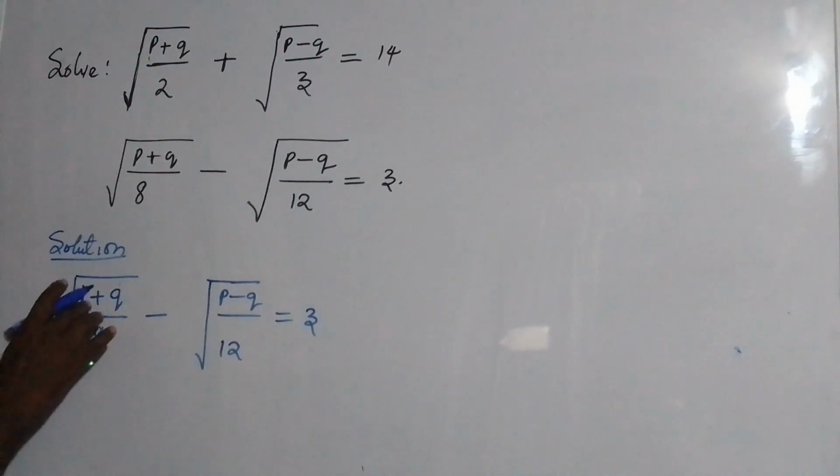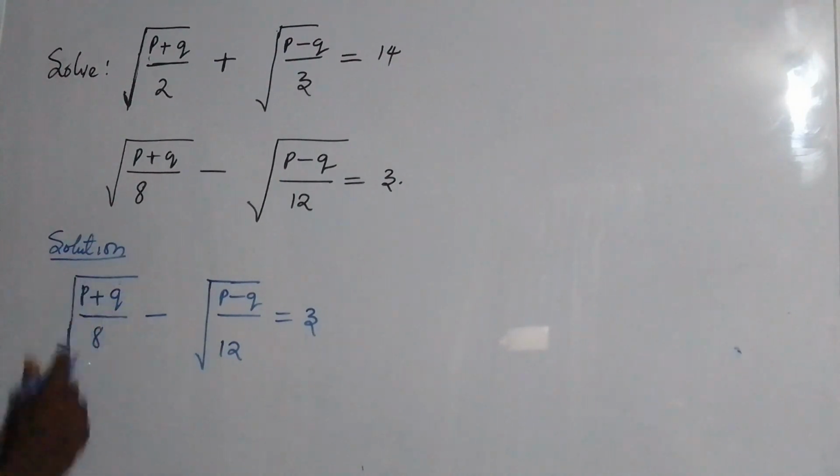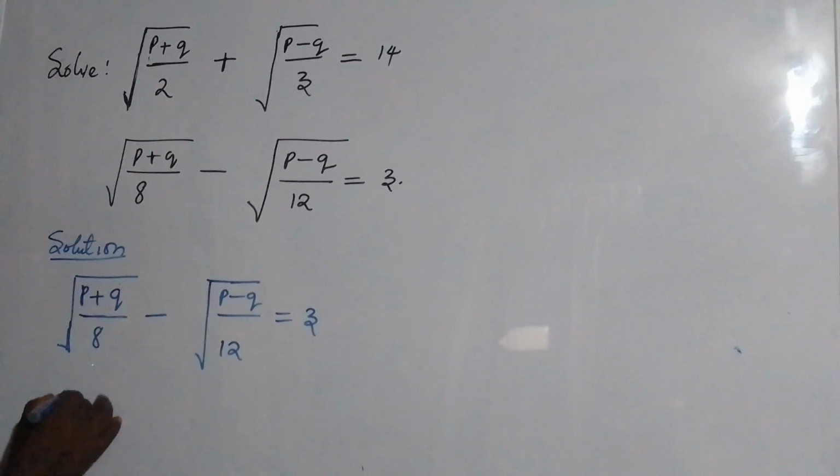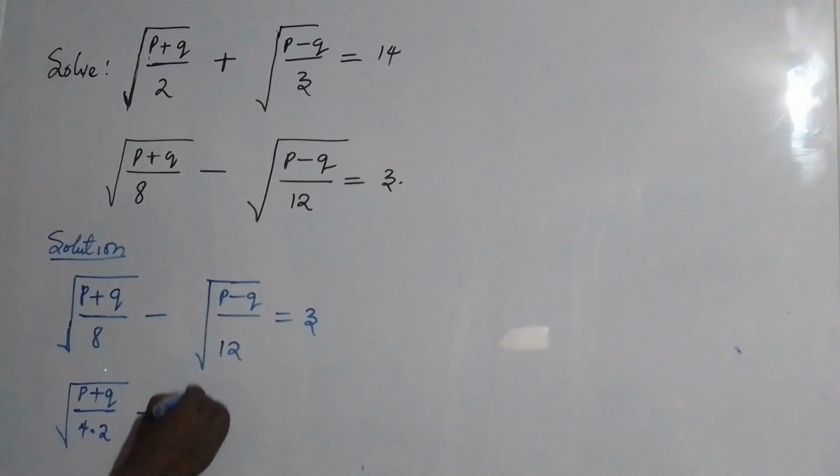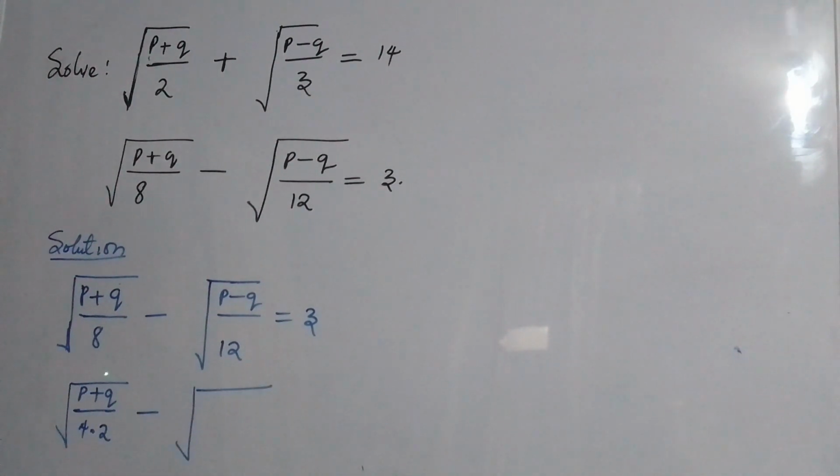What I'm going to do is rewrite the expression under the square root, which will give me p plus q over 4 multiplied by 2, minus p minus q over 4 multiplied by 3, equals 3.